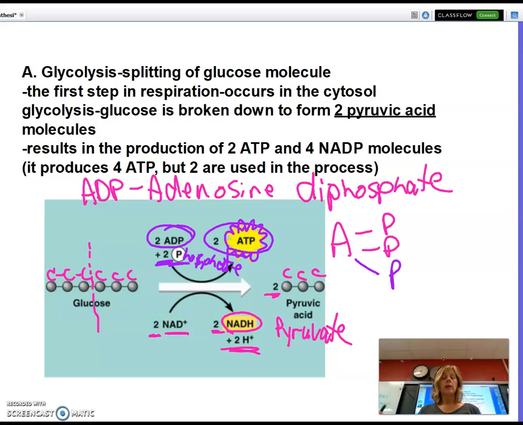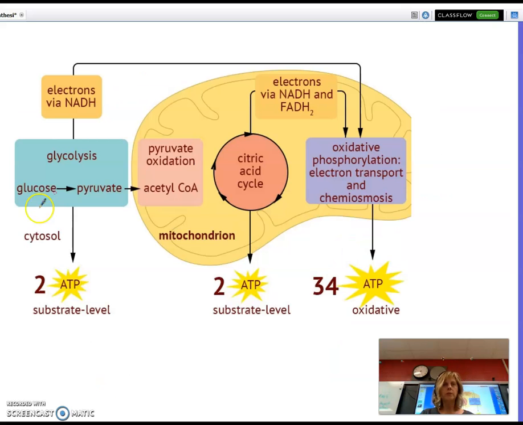But remember, glycolysis is just the very, very beginning. So this is the first step. Here's a quick overview. I think this will be helpful too. So this is a visual of the 3 processes. We learned about cells and organelles already.